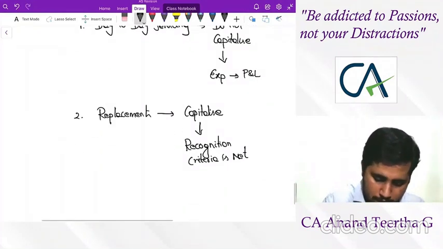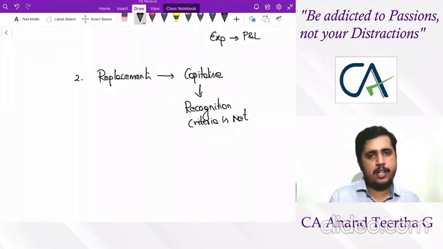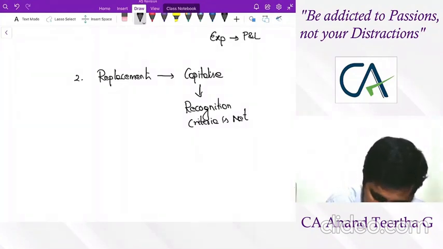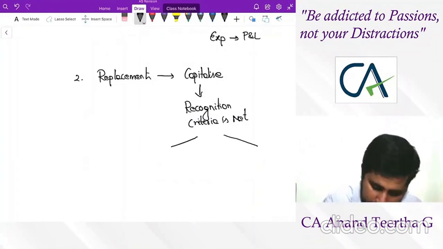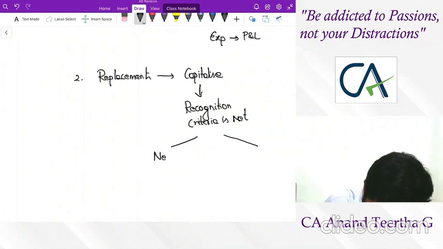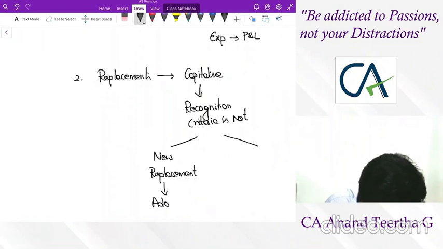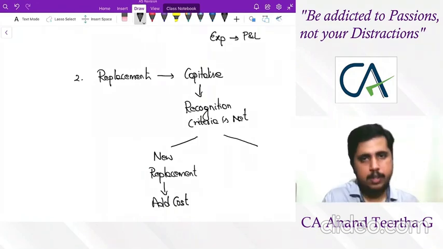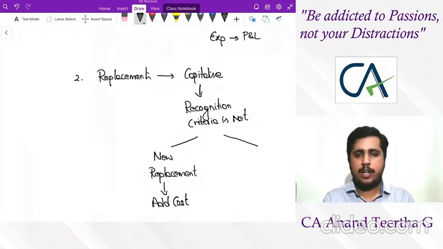Now, whenever the capitalize aspect comes, what are we supposed to do? Two things are supposed to be done. What is it? The new replacement, add the cost to your main asset. Say the main asset value is 1 crore.